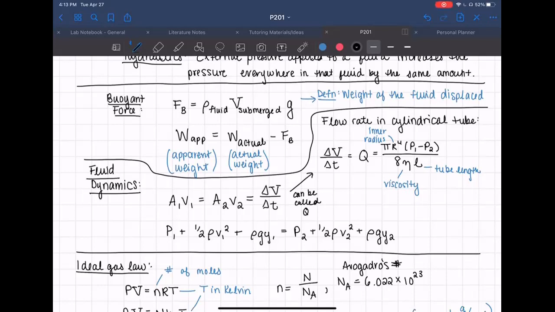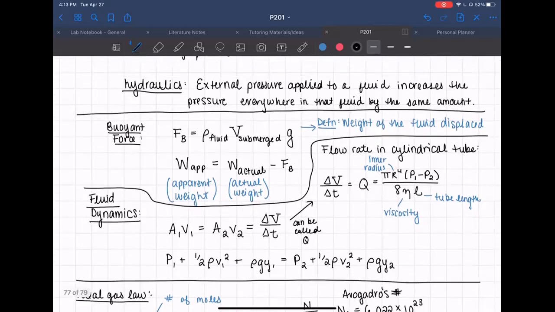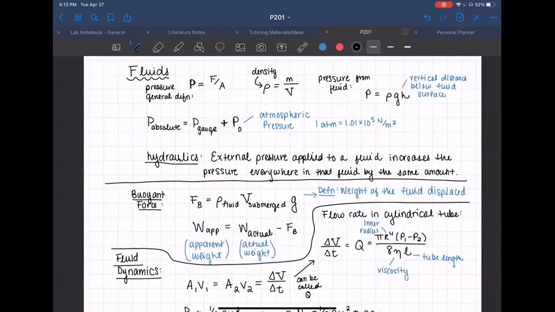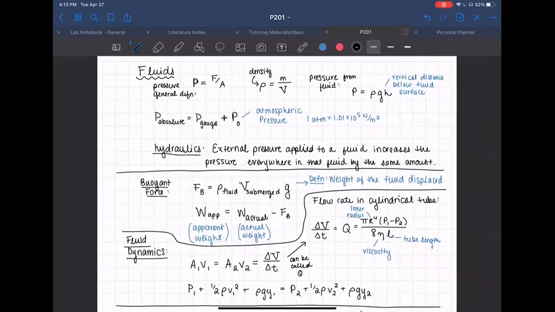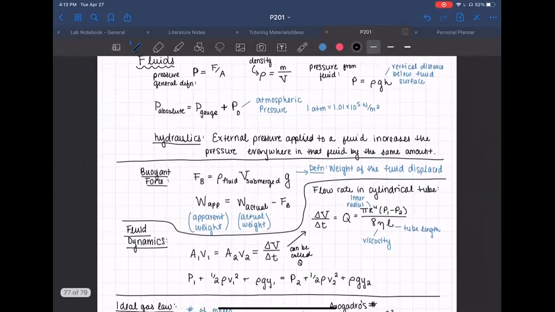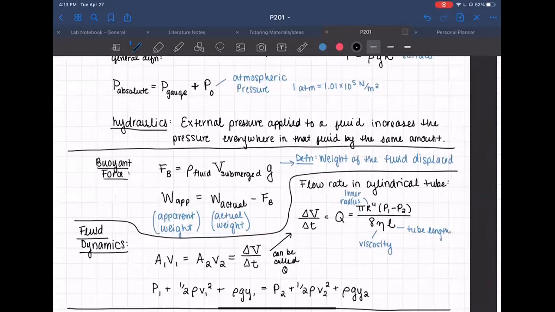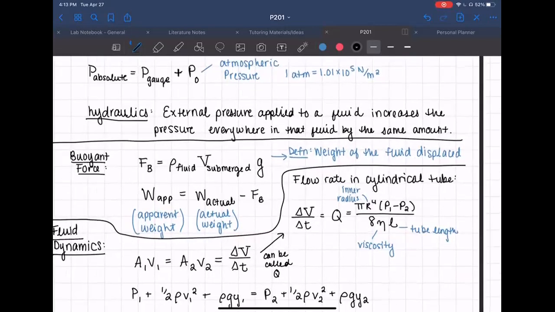Doing things like that is really super common. That's also why I made sure to include that density equation at the top there, because that's a really common substitution that they want you to make.